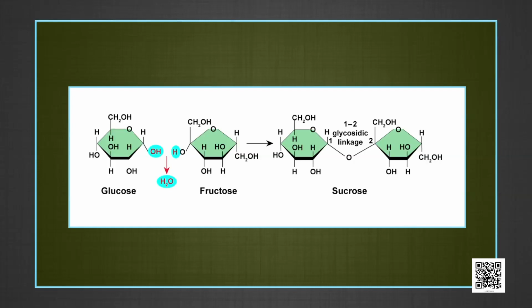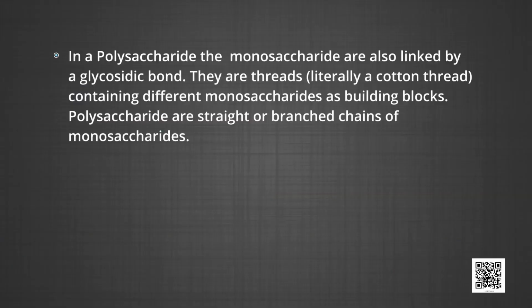These are disaccharides. They are created from monosaccharides, but how? By the formation of glycosidic bonds. In a polysaccharide, the monosaccharides are also linked by glycosidic bonds. They are like threads, literally a cotton thread, containing different monosaccharides as building blocks.